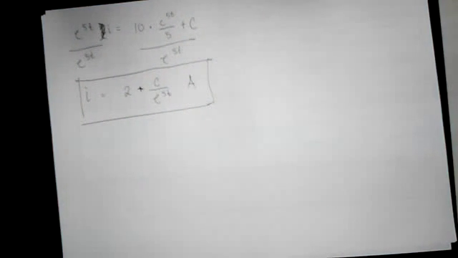So, which means I is equal to 2 plus c over e to the 5t amperes. Now we have it. We have our differential equation. Thanks to our differential equation, we have our I.